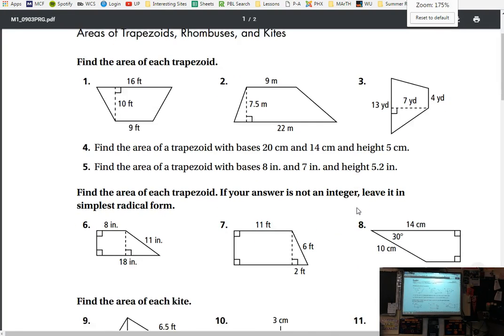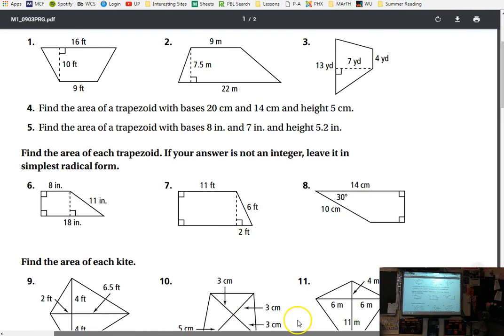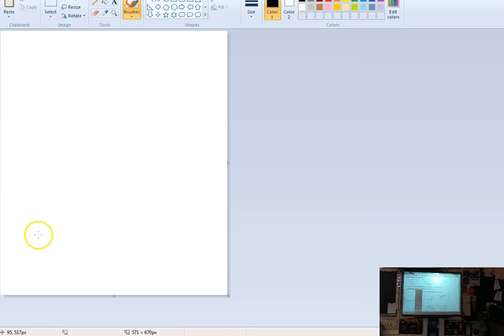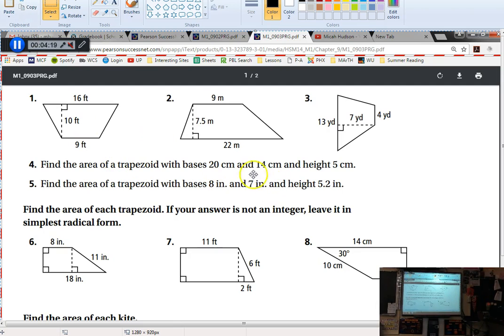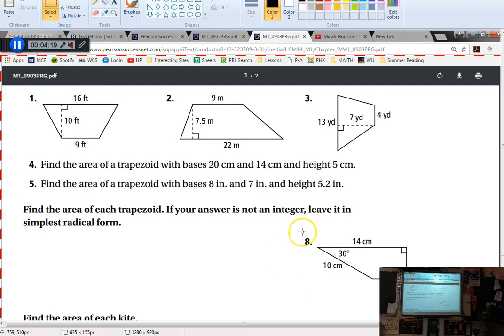So let me zoom in on this and take it over to Smartboard. So when we see that 30-degree angle, that should kind of be an indicator for us.